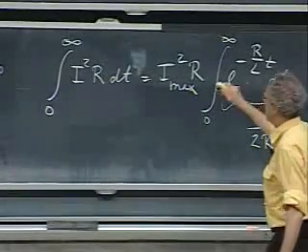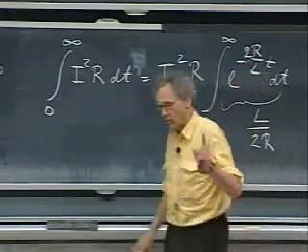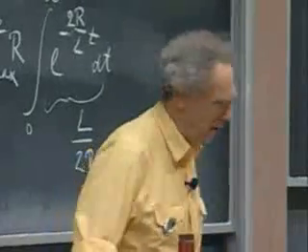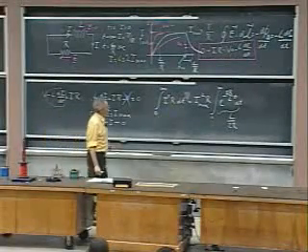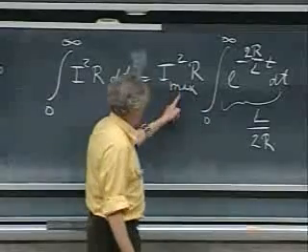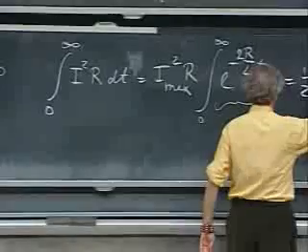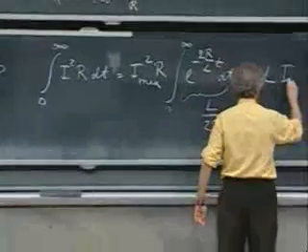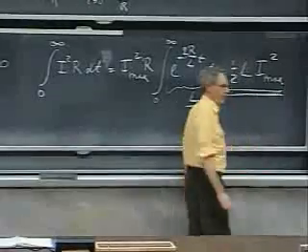Oh, by the way, it is I squared, so I have a 2 here. That's very important. Don't forget the 2. And so that integral is L divided by 2R. And so if now I look at the product of I squared maximum R times L divided by 2R, I get 1/2 L times I maximum squared. So this comes out in the form of heat.